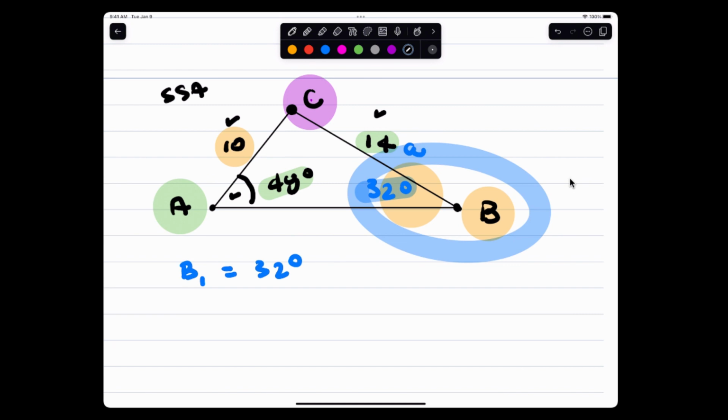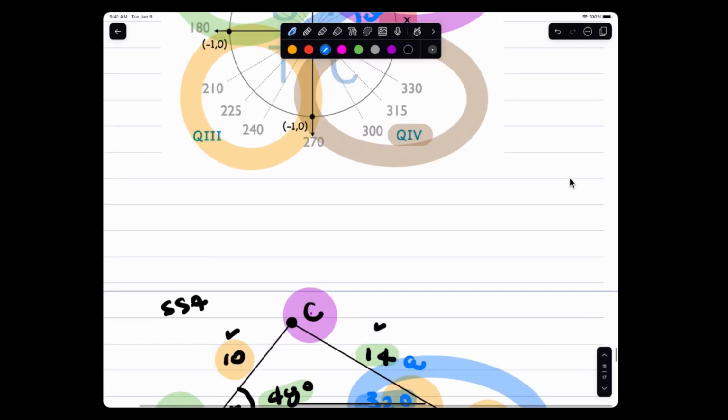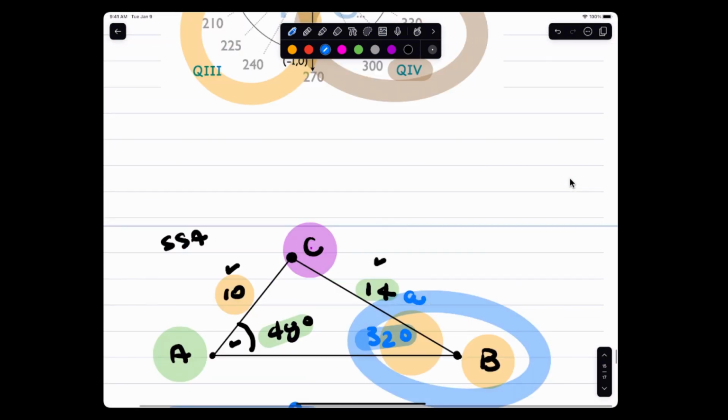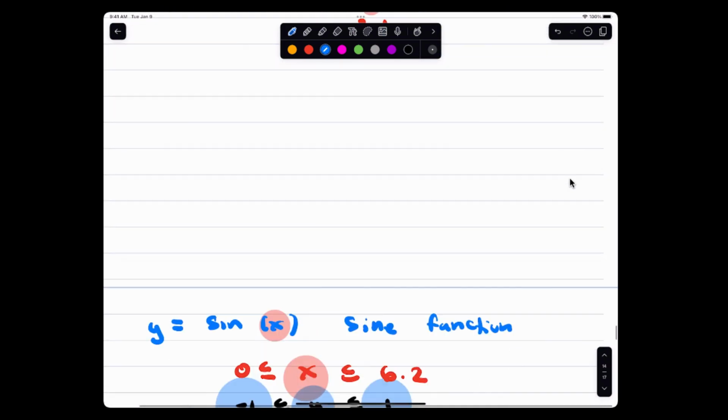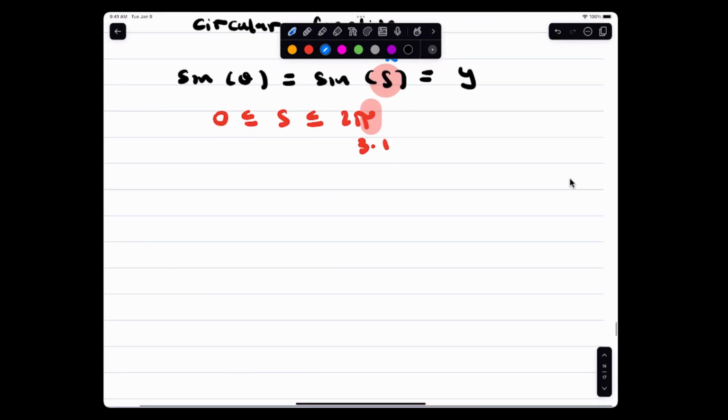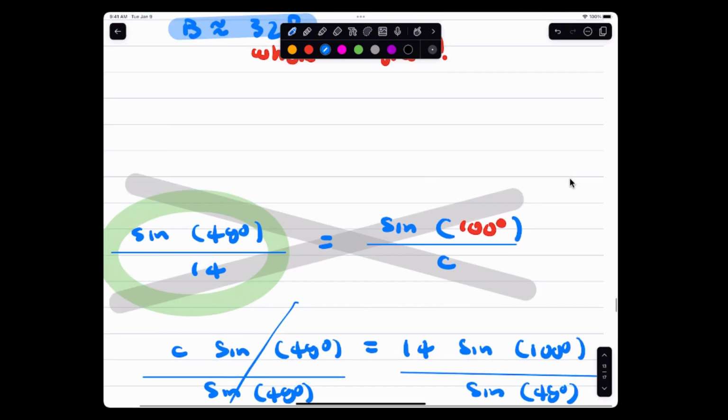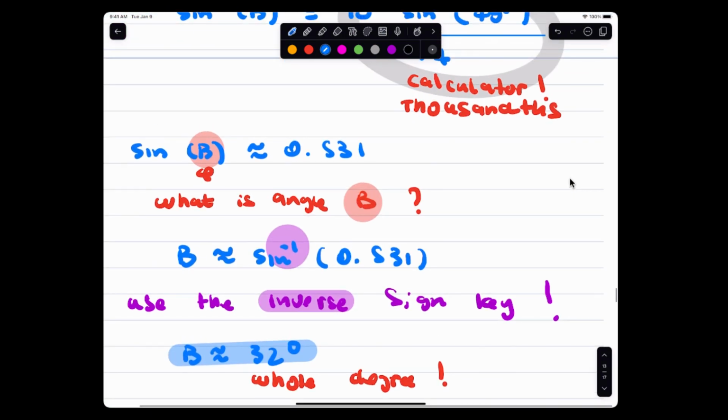We found 32 degrees. We call that B1 because there will be a B2. However, where do we get the B? Remember we found B?